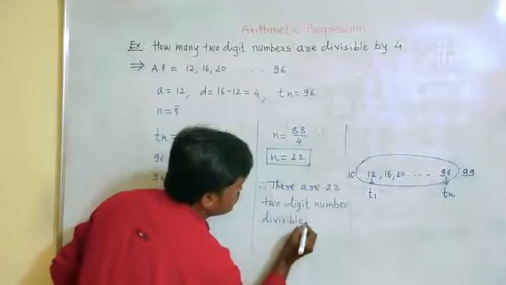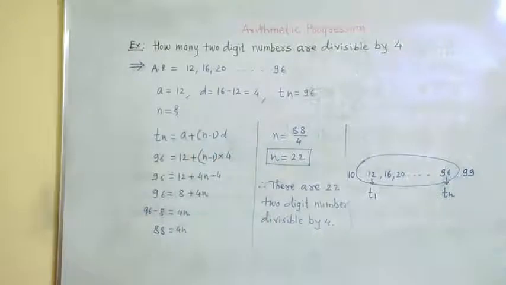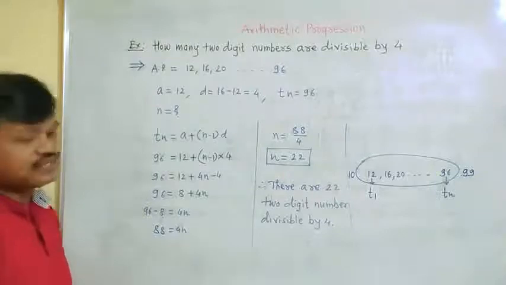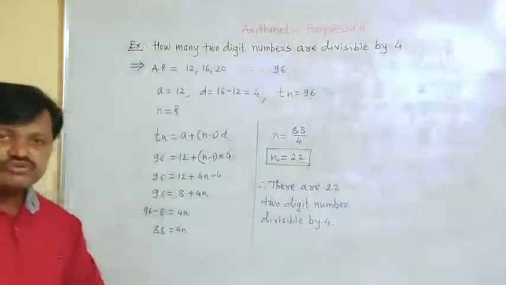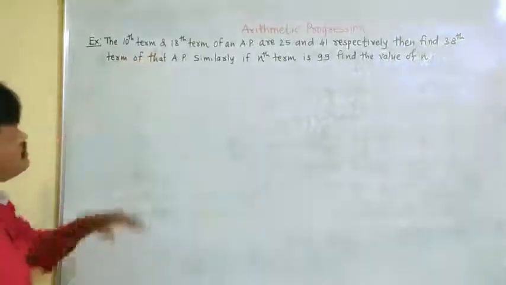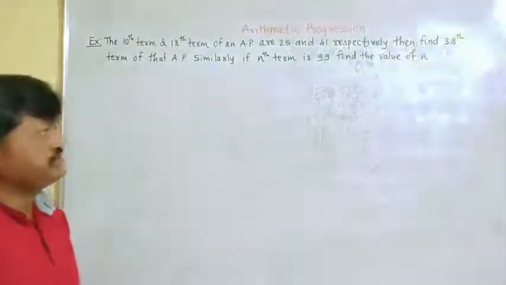So as we shared one example for arithmetic progression, how to calculate how many terms are in a given AP, we share one more example, but before this you write this example. The 10th term and 18th term of an AP are 25 and 41 respectively.